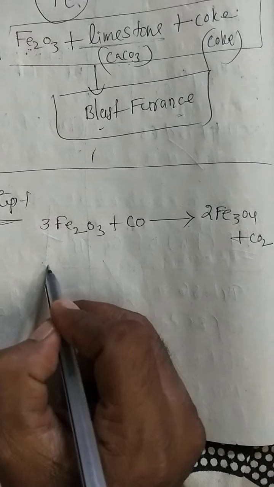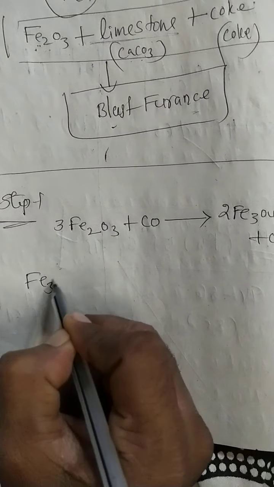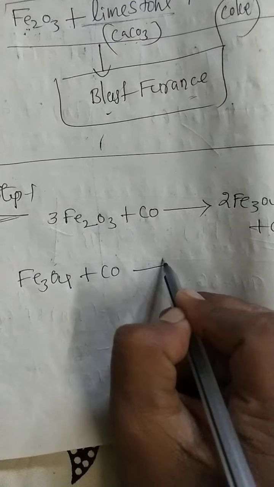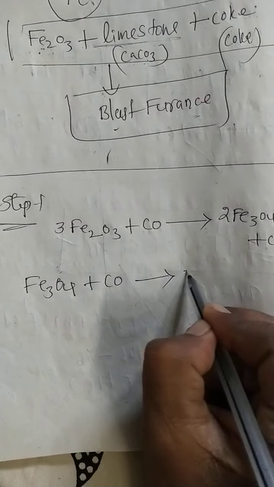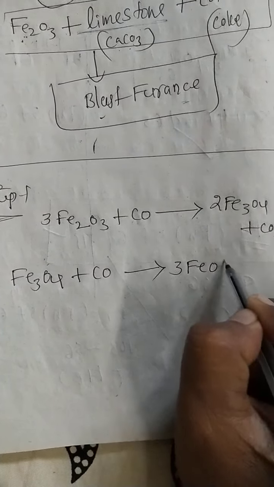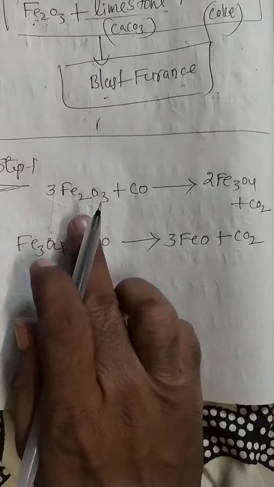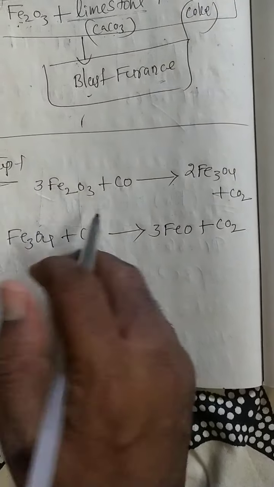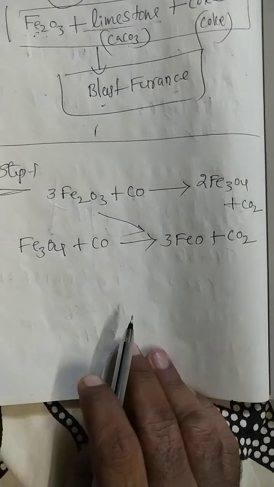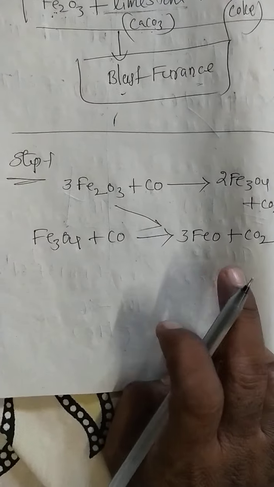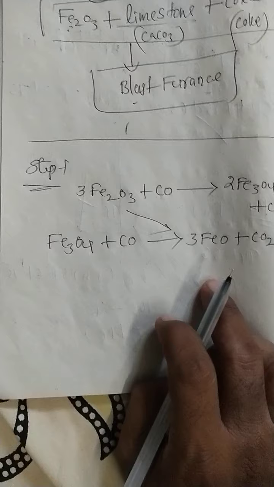And the second one: Fe3O4 again reacts with additional carbon monoxide, and FeO plus carbon dioxide is formed. So Fe2O3 is converted into the metal oxide FeO. This is the first step in the blast furnace.